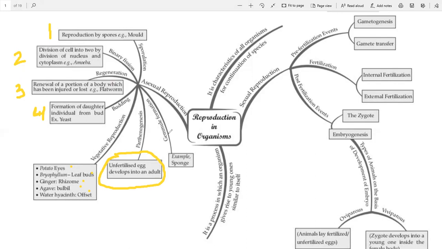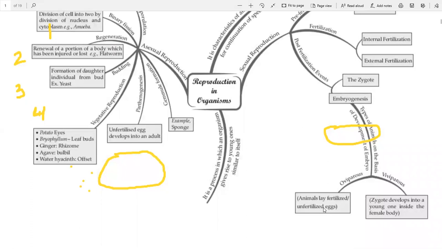Then sexual reproduction on the basis of embryogenesis, type of animal. On the development of embryo, we can divide it into two parts: animals that lay fertilized eggs are called oviparous, and where the zygote develops into a young one inside the female body, that is called viviparous.